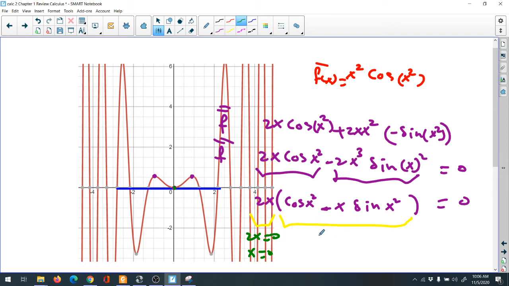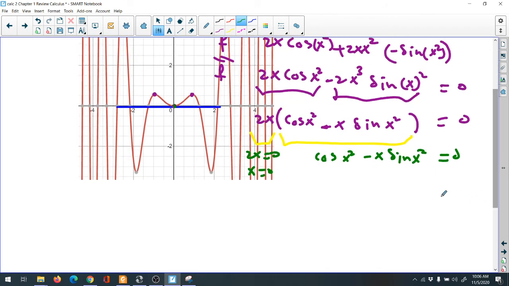And the second part, which is x cosine x squared minus x sine x squared equal to 0. When you equal it to 0, you add x sine x squared to both sides. So x cosine x squared equals positive x sine x squared.